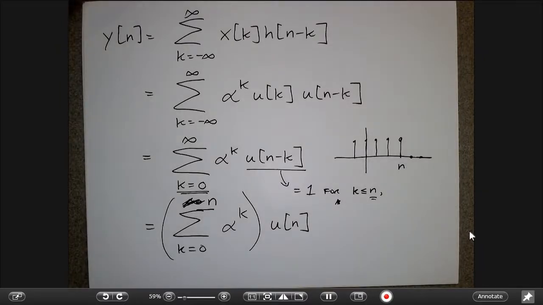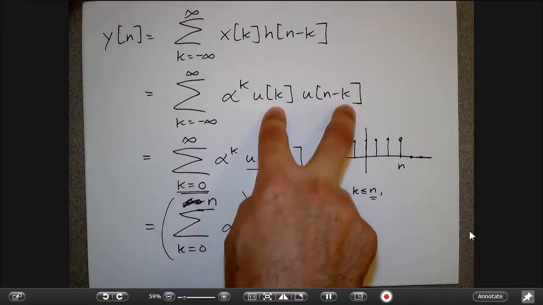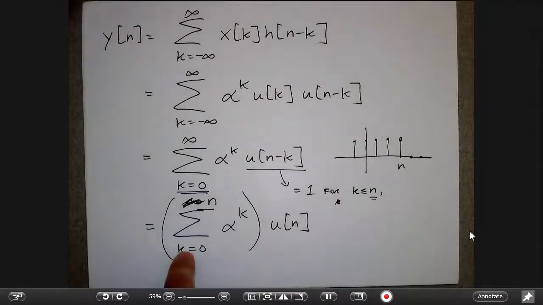When you see this kind of thing, you can immediately make a shortcut to the sum from k equals 0 to n times the step function and whatever's inside. So I can get rid of those step functions relatively easily by changing the limits on the sum. This is where I got to before. Then I have to simplify this sum using my formula. Okay, so questions or comments about that?